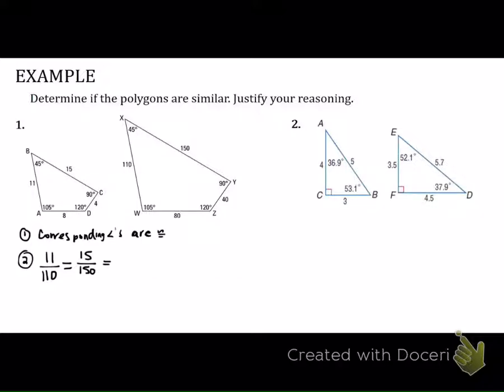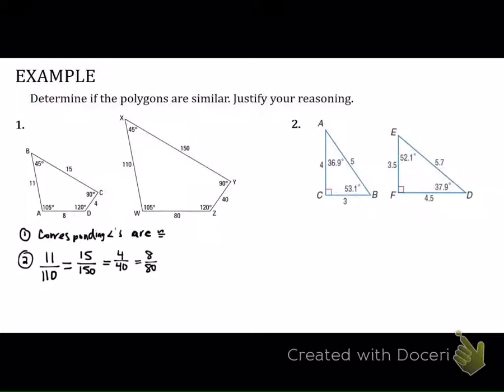Gabe, 4 would go over. And Austin, 8 would go over. So you'll notice my first polygon all has pieces on top, and my second polygon all has pieces in the denominator. So it's important that you're putting the same polygon in the numerator and the same polygon in the denominator.